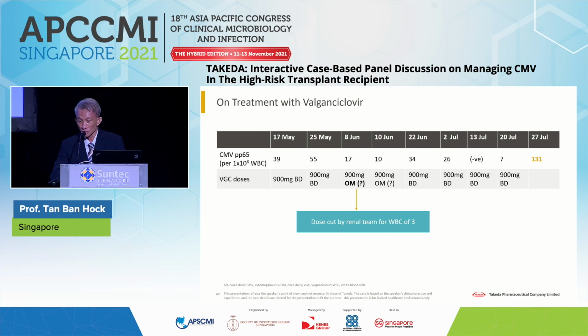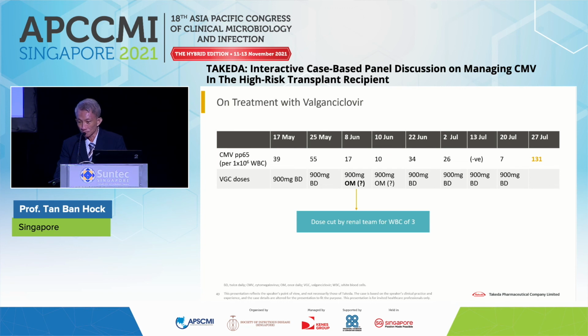And then as the PP65 antigen came down to 17, someone actually dropped the dose to 900. And with that, the antigenemia came up. And when we look back, I think one of the members of the primary team had done it because they had noticed a drop in the white cell count.